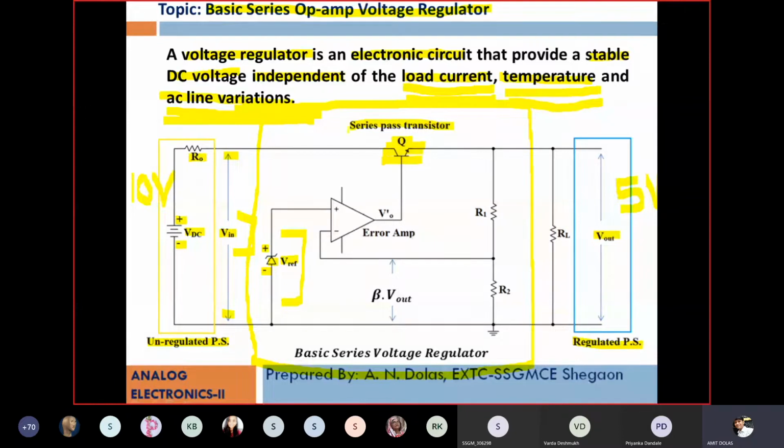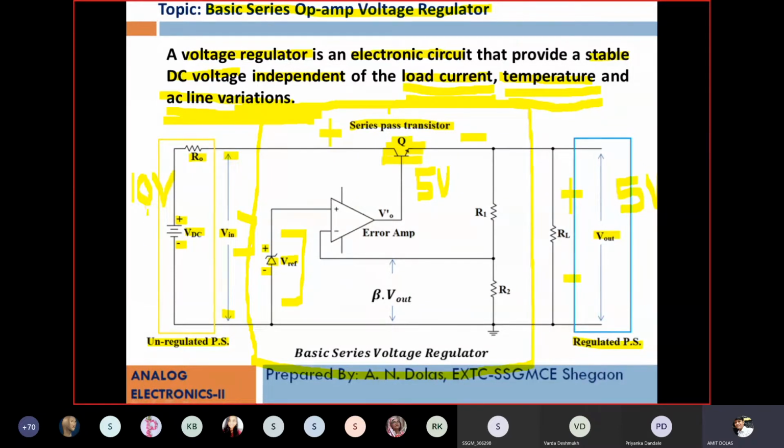What is the difference? The difference is 5 volt, 10 minus 5. So this delta or the fluctuation will be absorbed across the transistor in terms of VCE, the collector to emitter voltage. I have shown the polarity on the diagram. So 5 volt will be dropped across the transistor, and 5 volt will be dropped across the load resistance RL, and Vout remains constant.